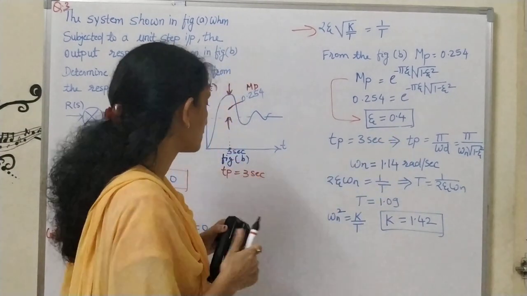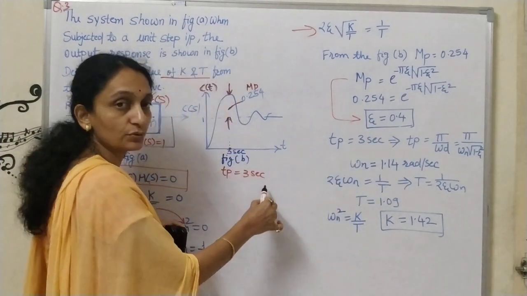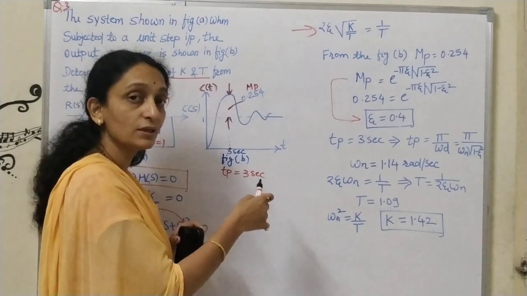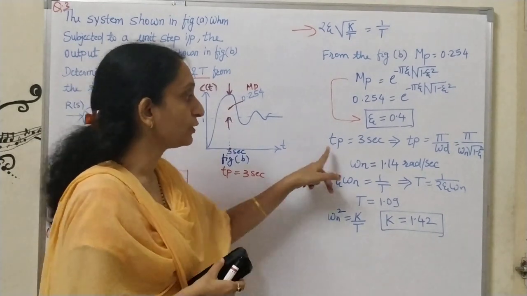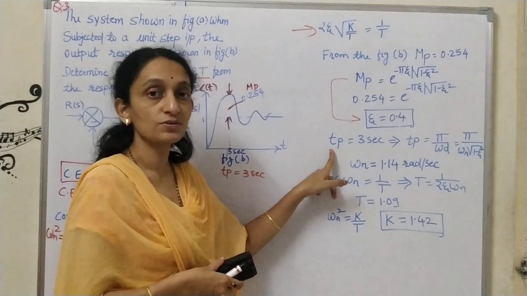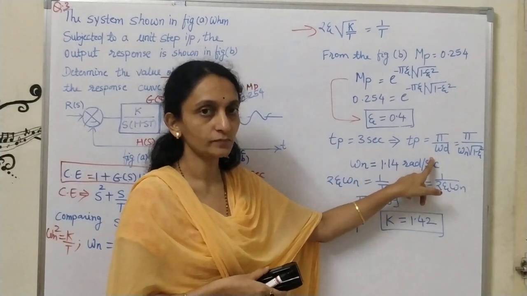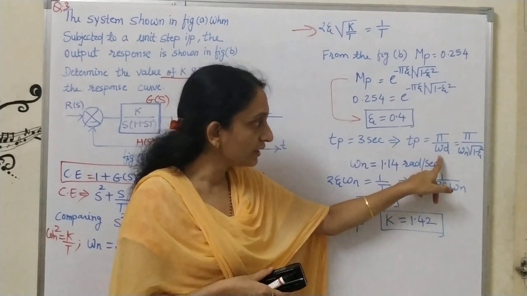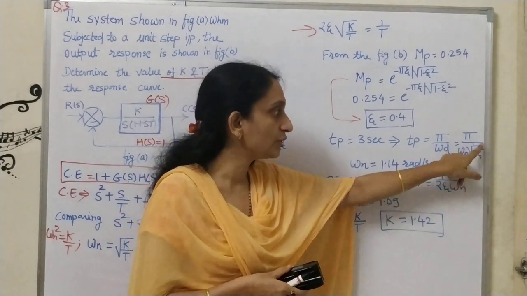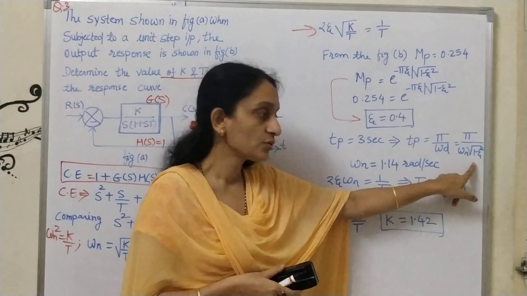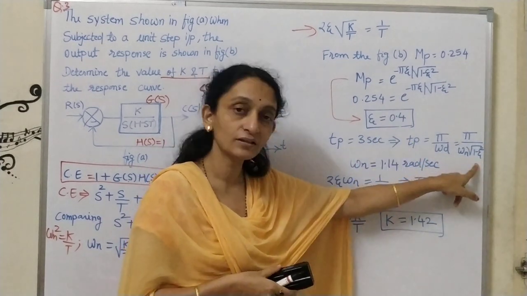Now next, one more term is given: TP is equal to 3 seconds. What is TP? Peak time TP. We have the formula of TP. TP is equal to pi by omega d. What is omega d? Omega d is equal to omega n under root of 1 minus zeta square. So now you can substitute this zeta here.